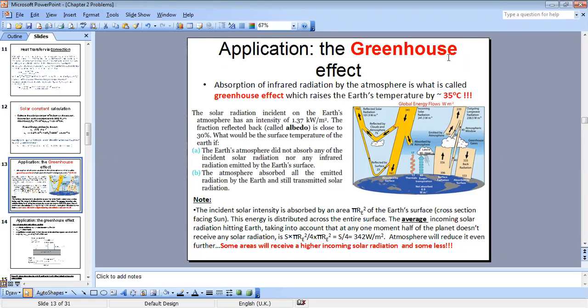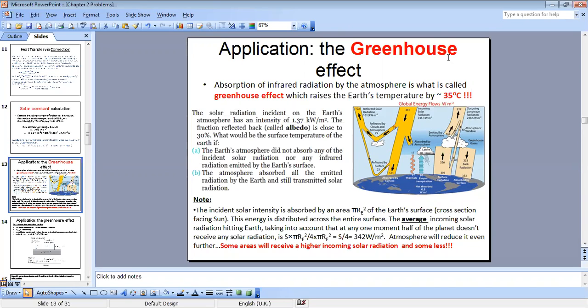So we will see together that the atmosphere can play a positive role, because we will do some calculations and show what will happen if we don't have the atmosphere. And we will see that the temperature at the Earth will be very cold.